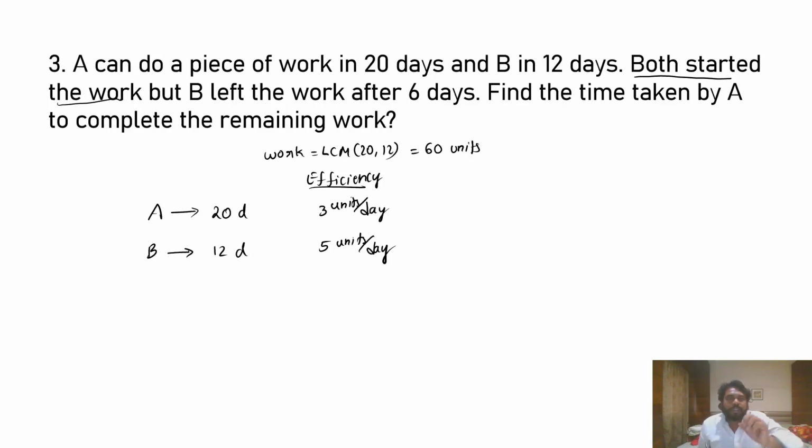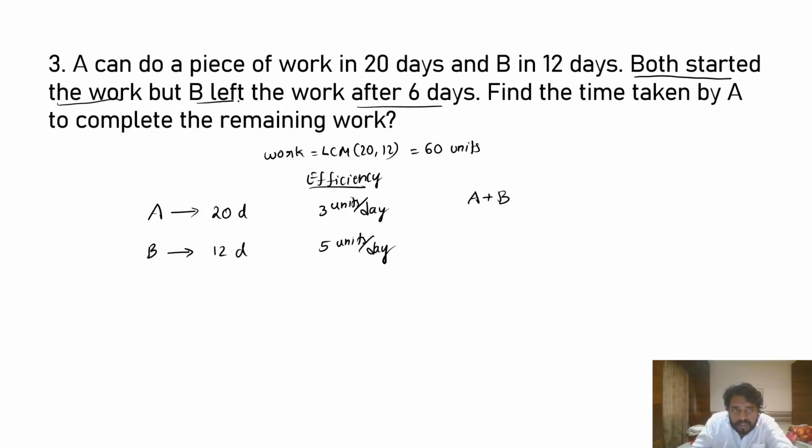So now what you do is either you can solve the problem without using pen and paper, or else you can make a basic equation according to the condition given there. Both started the work, but B left the work after 6 days. That means A and B started the work, B left after 6 days.